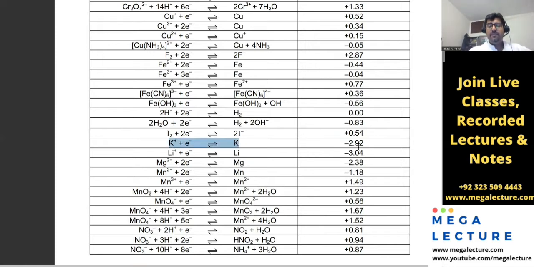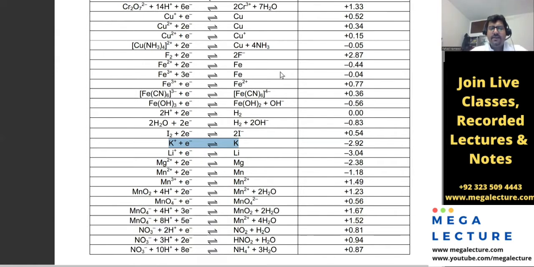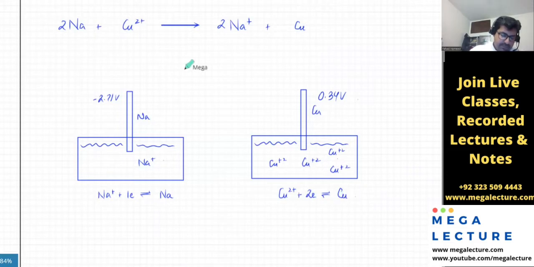Now based on the potential, we're going to figure out whether it's going to go forward or backward. Because remember, higher potential and lower potential, that's a relative term. So remember how the notation is written. Forward is gain of electrons, backward is loss of electrons. But coming back to this, I'm going to complete the cell first. So what I'm going to do is connect both electrodes together.